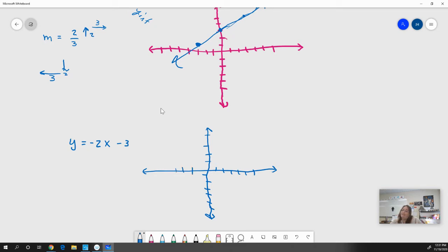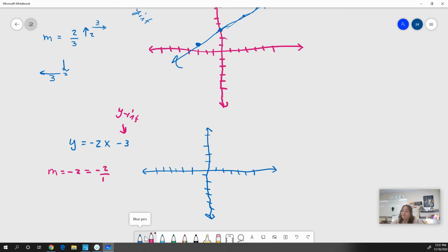Like, it's probably not a very accurate graph. So here, I still have y equals mx plus b, and what I know is my y-intercept is -3. And I know my slope, my m, equals -2, which is like saying -2 over 1, right?